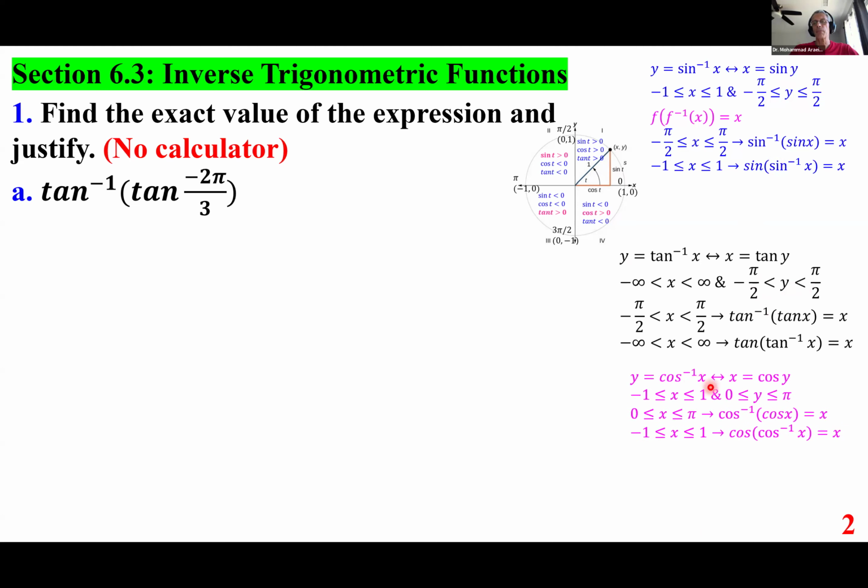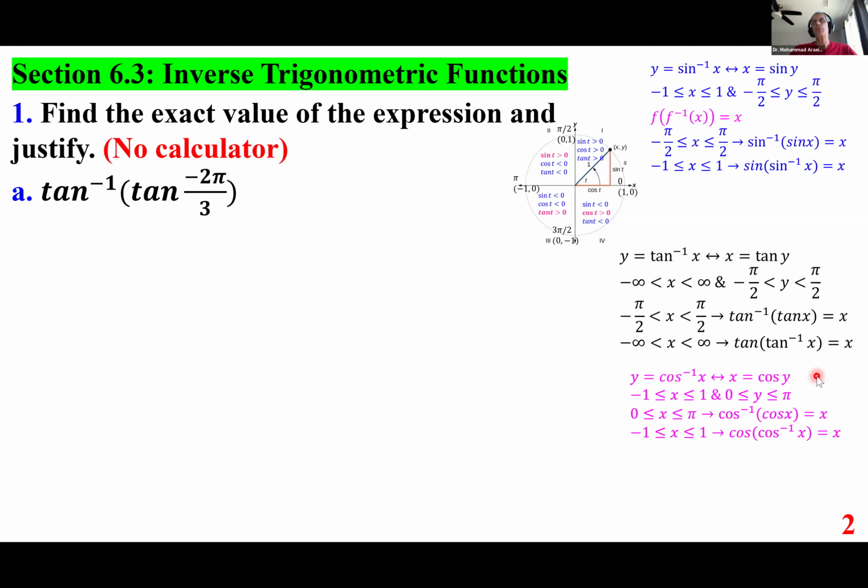Cosine, if we said y equals cosine inverse of x, by definition, x becomes cosine y. And again, just like sine, we put x between -1 and 1 because that's the range of cosine. Remember, the range of cosine is between -1 and 1.